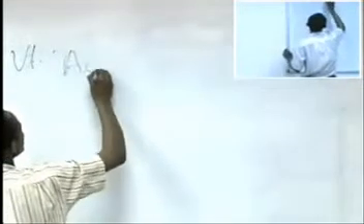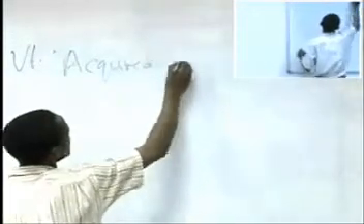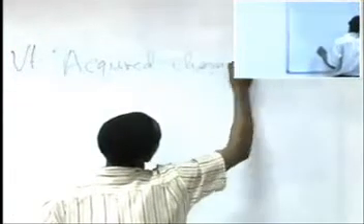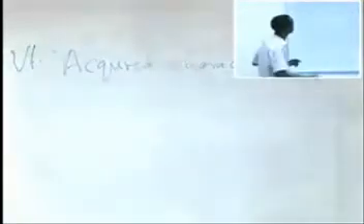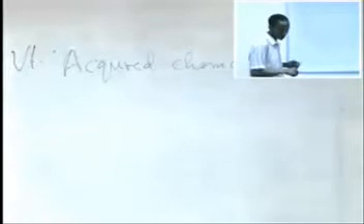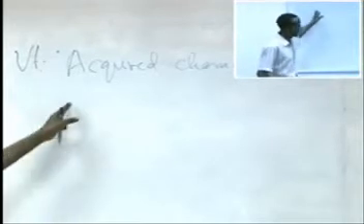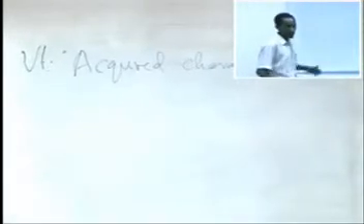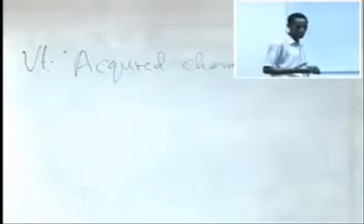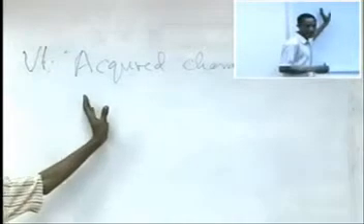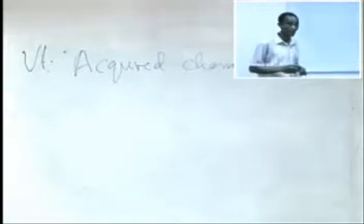So, this is called acquired character. What are these acquired characters? This is a character which is suggested by Lamarck. As we know, the classical concept of evolution is according to Lamarck and another scientist called Darwin.